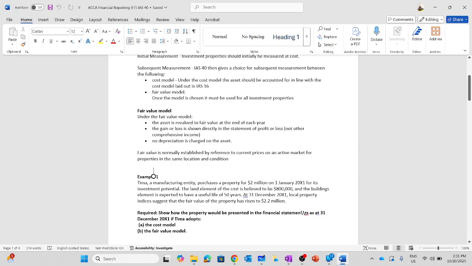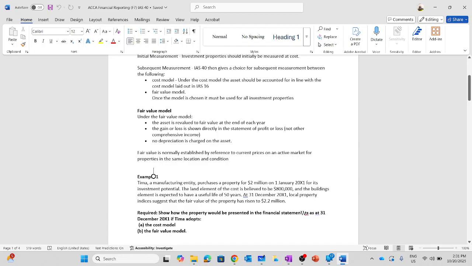Then also, no depreciation is charged on the asset. When we use the fair value model, we are not going to depreciate the asset. We are not going to depreciate the building. That's why on an annual basis, we are going to revalue the assets to know the current fair value, the current market value of the asset.